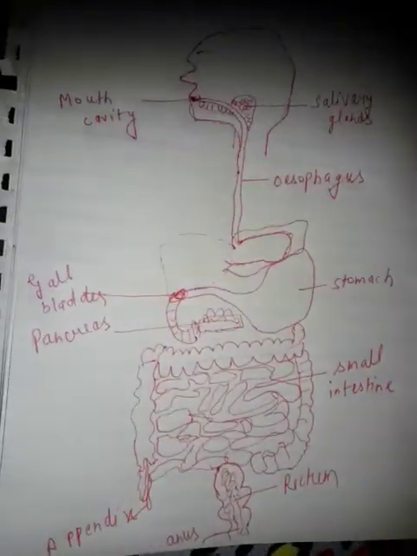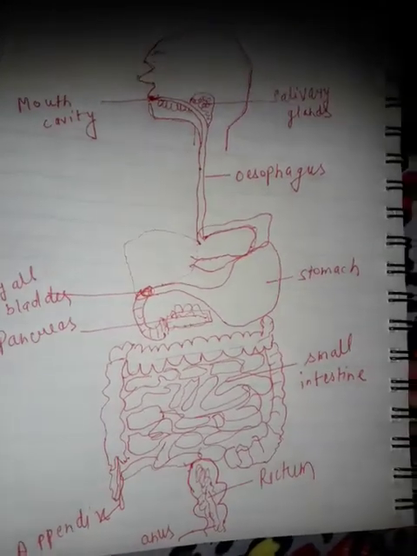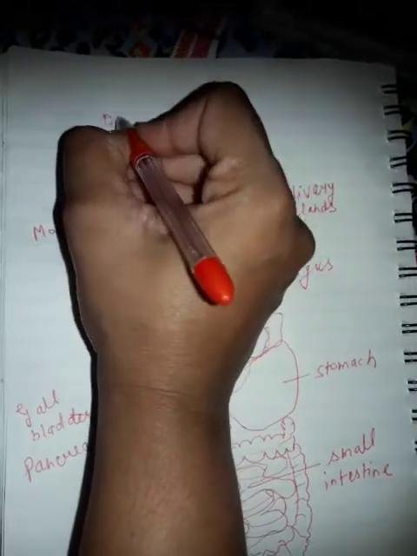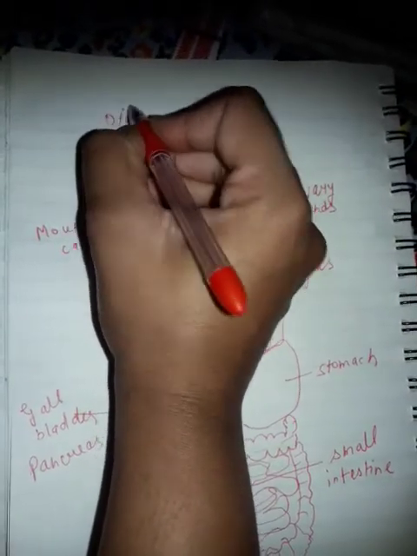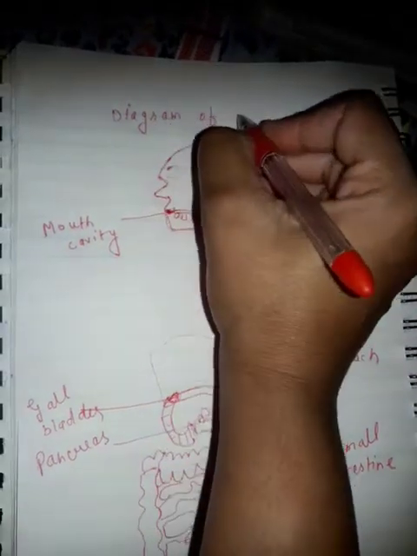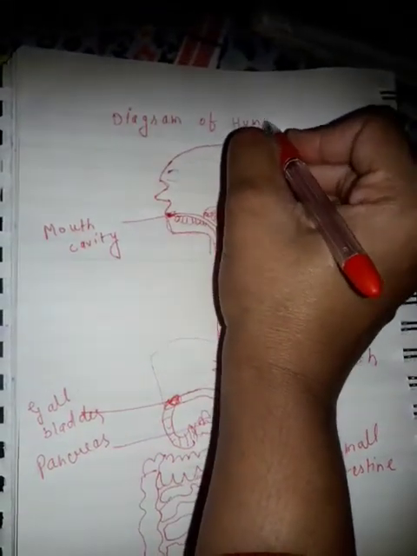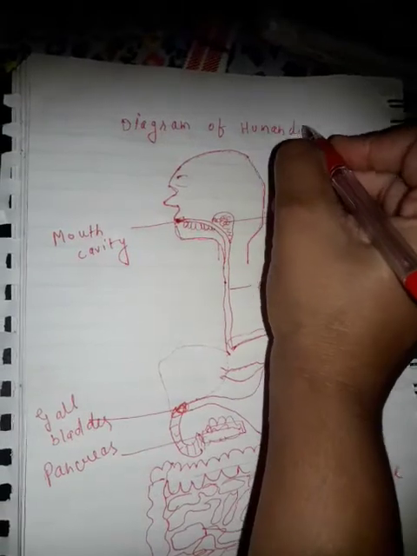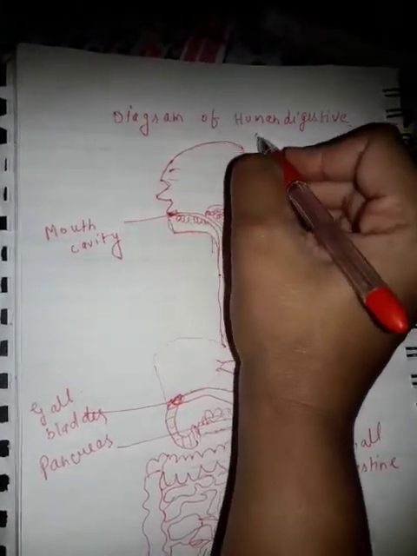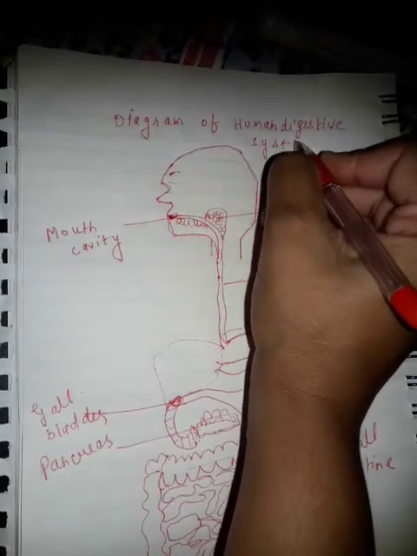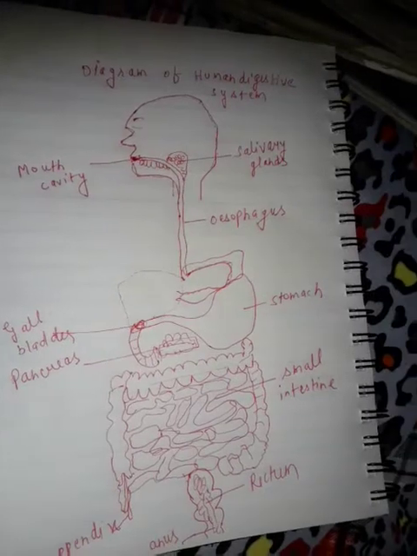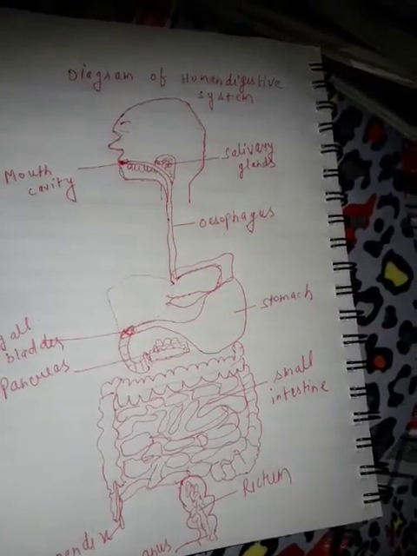So you can see this is the diagram of the human digestive system.